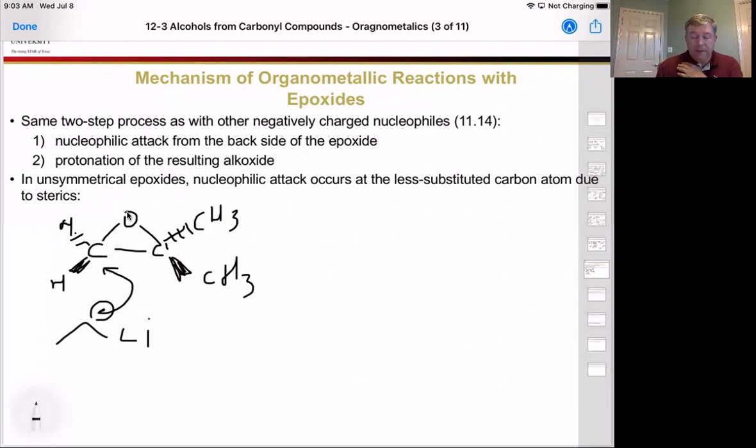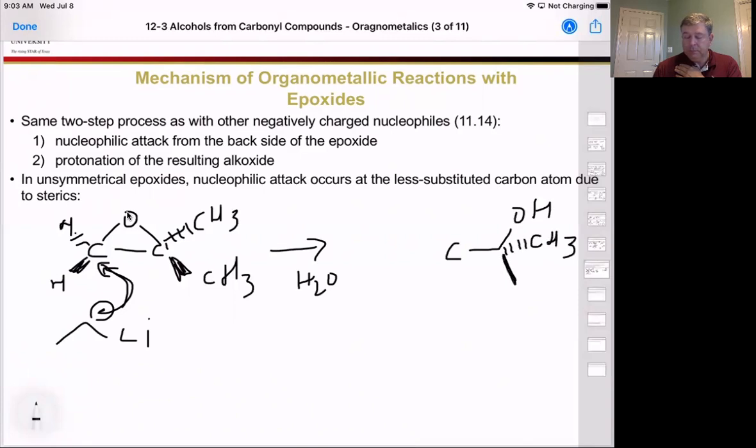Okay, because of sterics, it has a choice of going here or here, but the hydrogens are smaller, so the major attack route will be to the less substituted side, giving us our product after quenching with water to have a ring opened tertiary alcohol and our new extended chain with our alkyl lithium. Okay, so that's the ring opening of epoxies using organometallics.